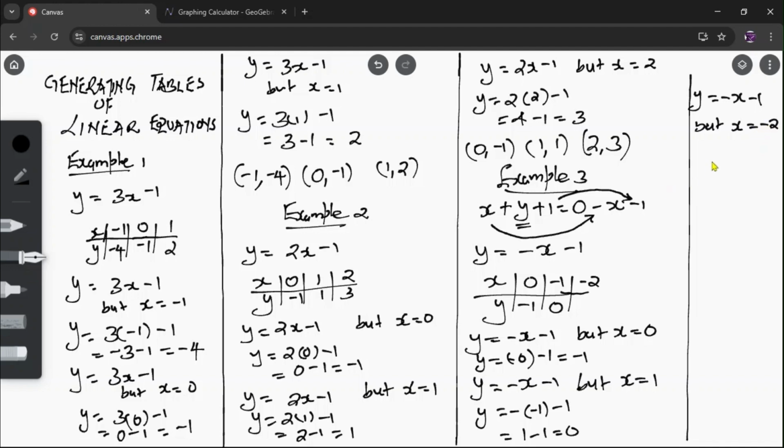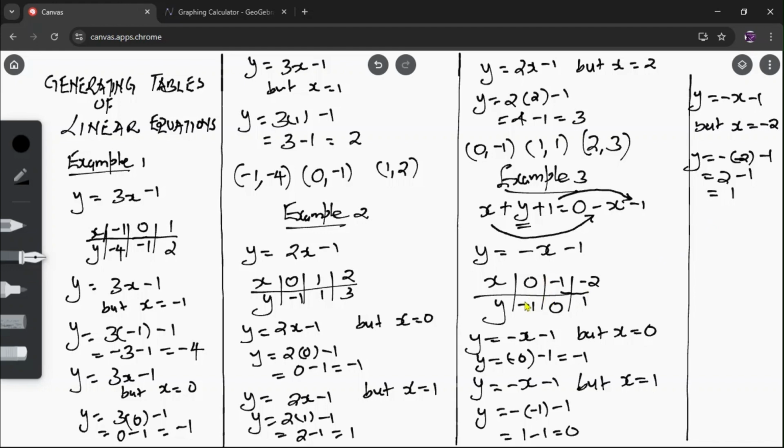Therefore, y is equal to minus, then where there is x, I put minus 2, then I subtract 1. Then I'll have negative, negative, positive. So you have positive 2, minus 1. So my answer here will be what? 1. Therefore, we have it as this one.